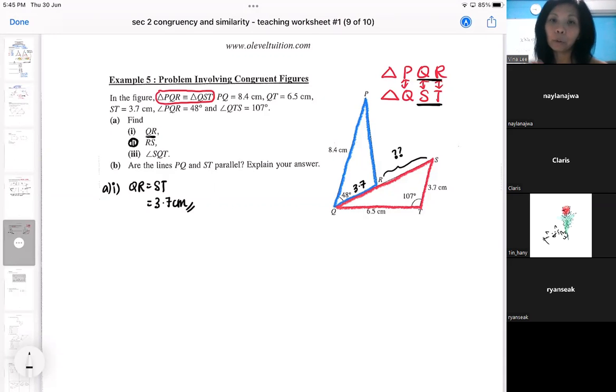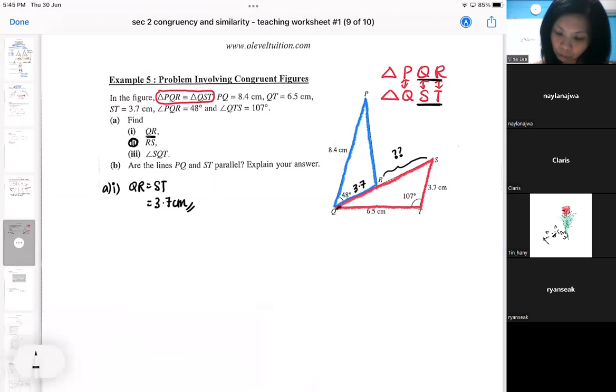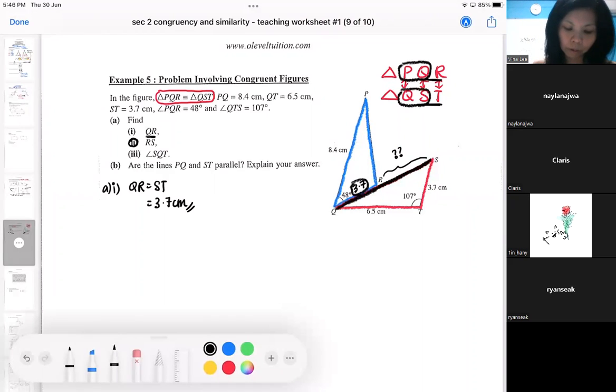So I am going to go for the whole QS, this whole length, which is the same as PQ. Then I will subtract the 3.7. So my plan is to get QS and subtract 3.7 to get RS. That is my plan.